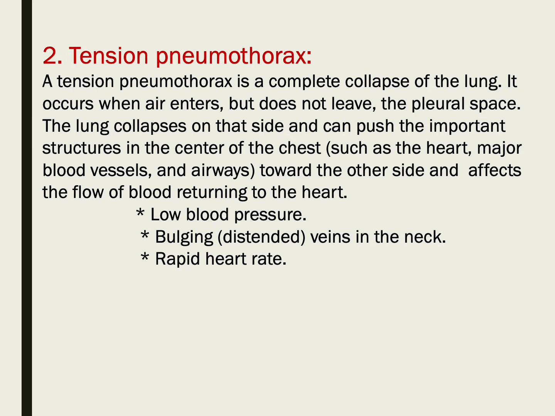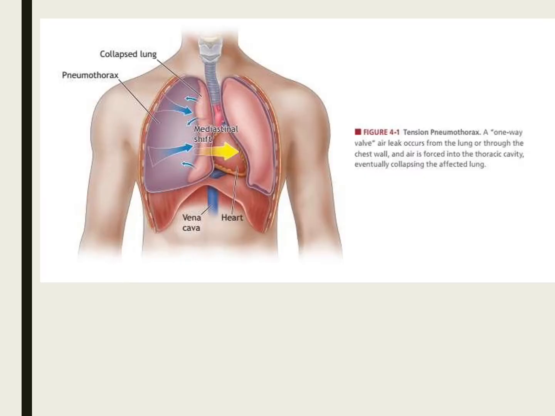With kinking of the great vessels, there is a limitation of the venous return to the heart, resulting also in low cardiac output, and that will eventually lead to obstructive shock. So the patient might present with low blood pressure, distended neck veins, and rapid heart rate. And that is the mechanism of how the tension pneumothorax develops: a shifting of the mediastinum to the contralateral side with kinking of the great vessels.